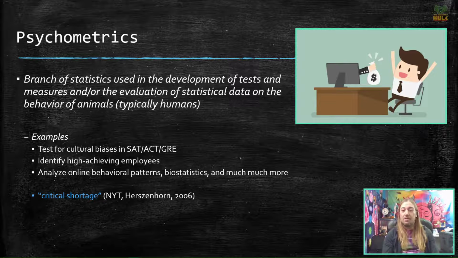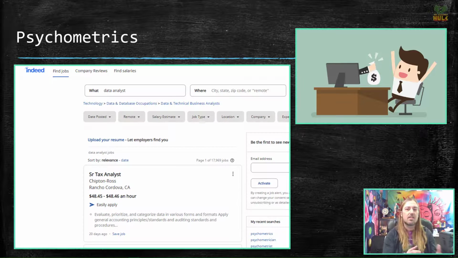So if you find this interesting, if you find this doable, consider looking into this as a potential career path. All I wrote in on Indeed.com, and this was about a week or so ago, so let's say late January 2021, I typed in data analyst into Indeed. 17,969 jobs.